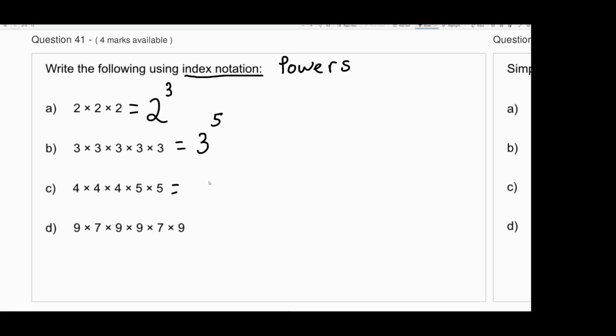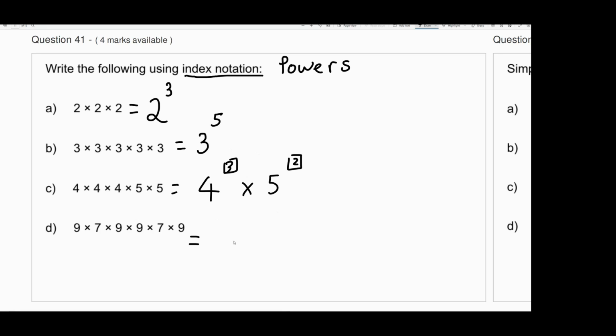And then C, you've actually got two numbers. So it's going to be 4 to the something times 5 to the something. So what would have to go in the boxes for letter C? Yeah, 4 to the 3 and then 5 squared, brilliant.